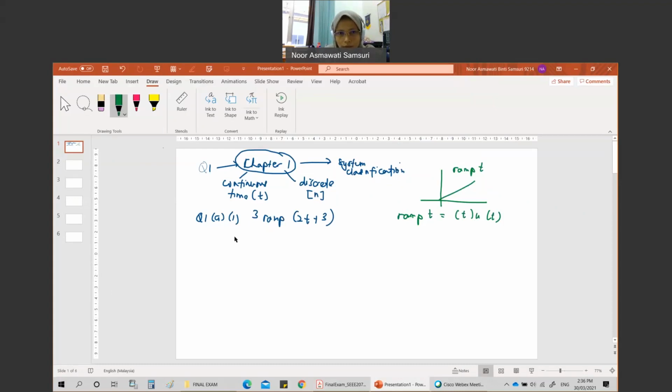So this can also be represented as 3, whatever inside the bracket, u(2t plus 3).